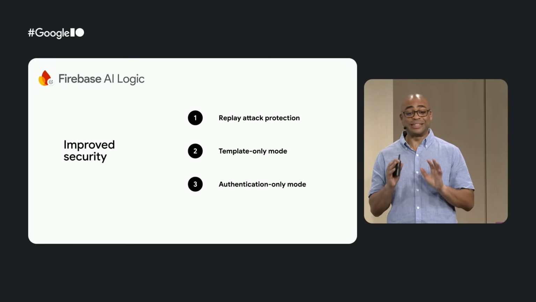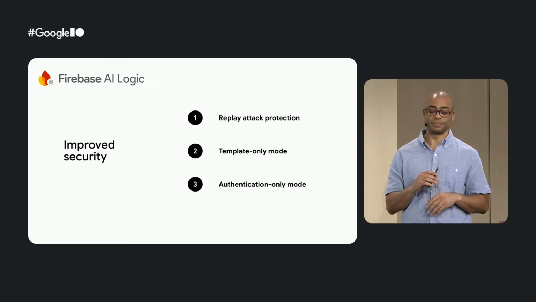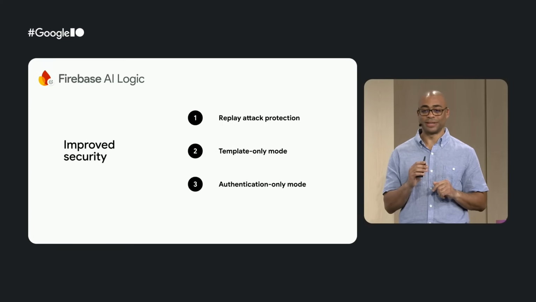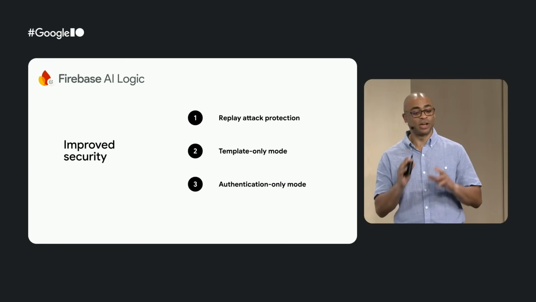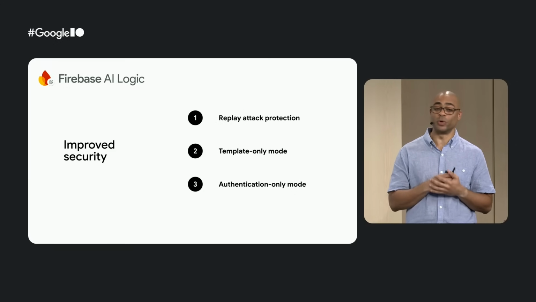Firebase AI Logic continues to emphasize the security of your AI resources. At I/O, we're launching one-time tokens to help prevent malicious actors from capturing and replaying tokens to drain your app's AI quota.